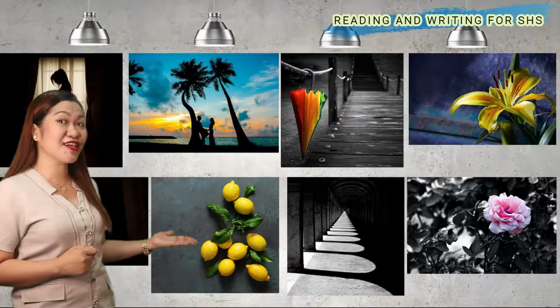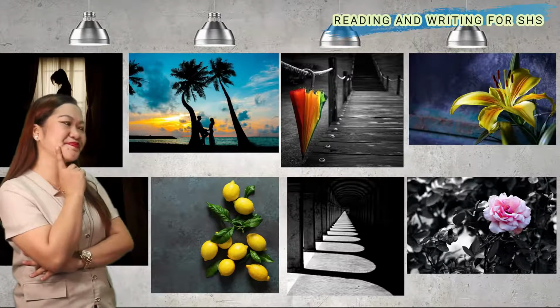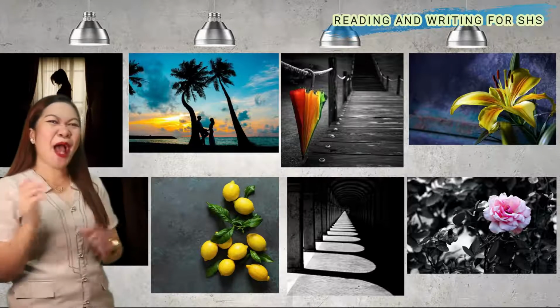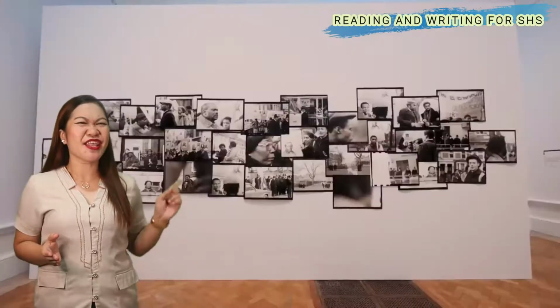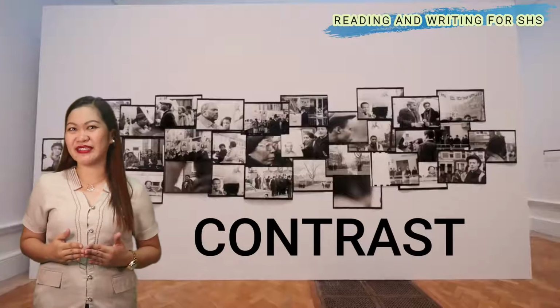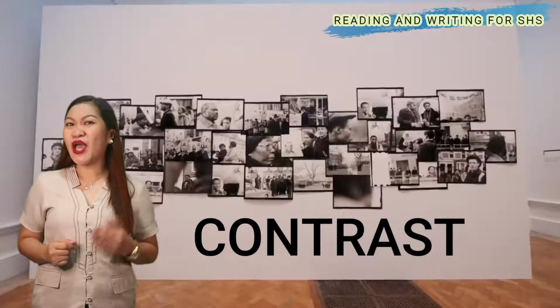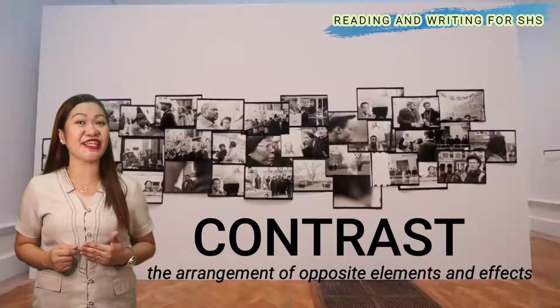What do you think is the underlying concept among these? Perfect! They are showing contrast. These images are patterned with the element of contrast. As a principle of art, contrast refers to the arrangement of opposite elements and effects.